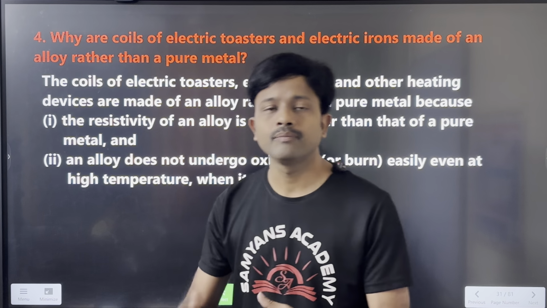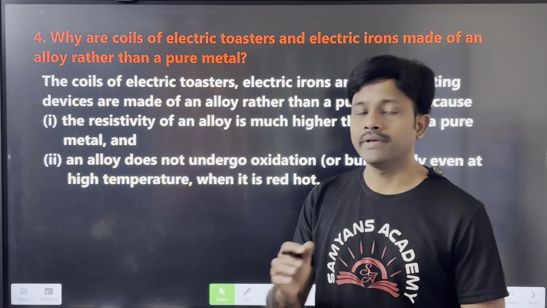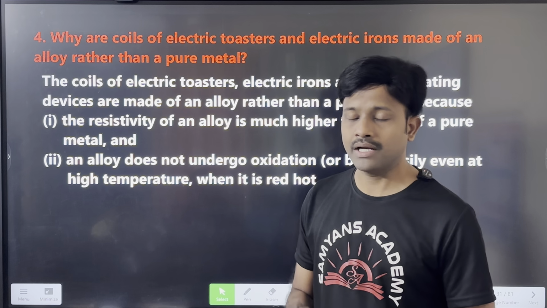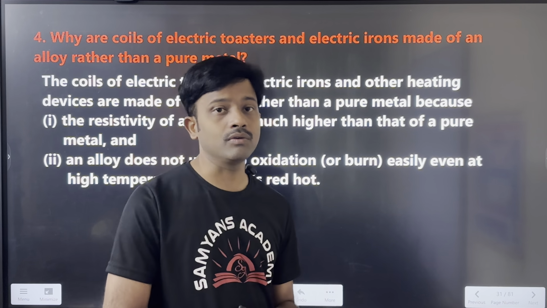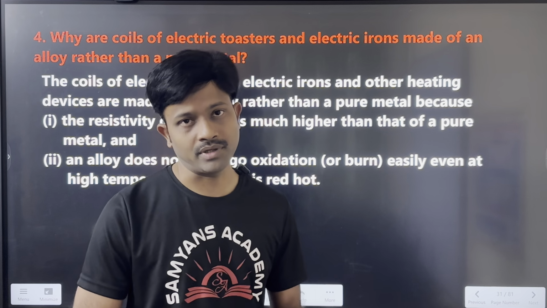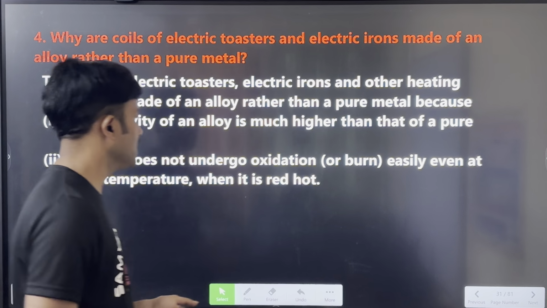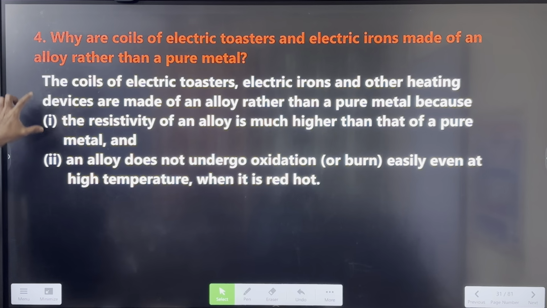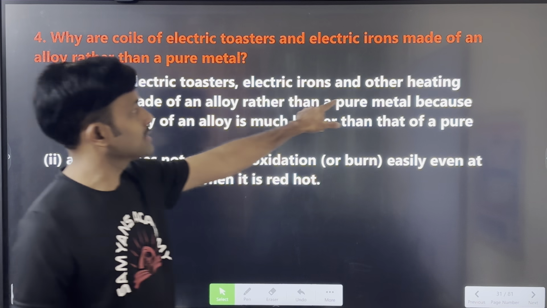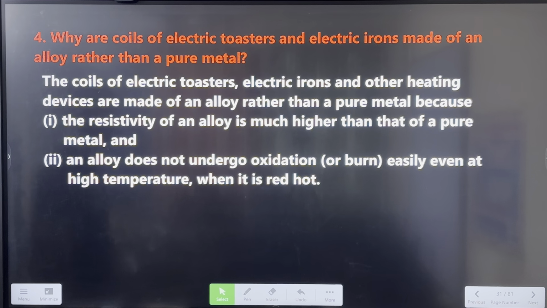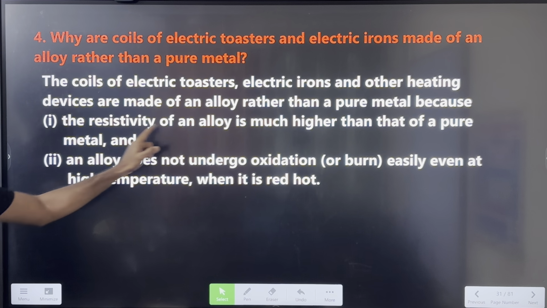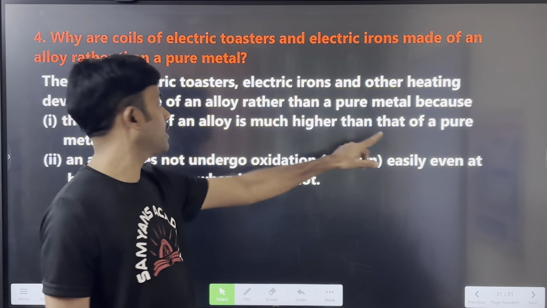So alloy has more resistivity value, which leads to heating elements, right? The materials which have a high resistivity value act as good heating elements, which are used in heating devices. The coils of electric toasters, electric irons, and other heating devices are made of an alloy rather than a pure metal because the resistivity of an alloy is much higher than that of a pure metal.